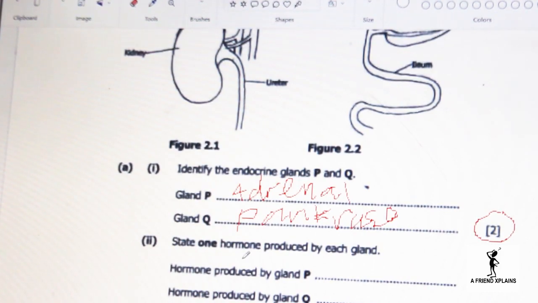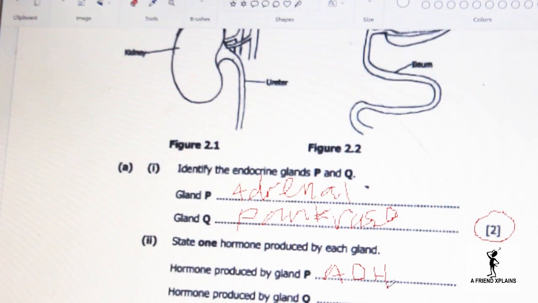If you want to revise, let's go to part 2 of question A. It says state one function produced by each of these glands. They want us to state one hormone that is produced. For the hormone produced by gland P, which we've identified as the adrenal gland, the hormone is antidiuretic hormone, abbreviated as ADH.